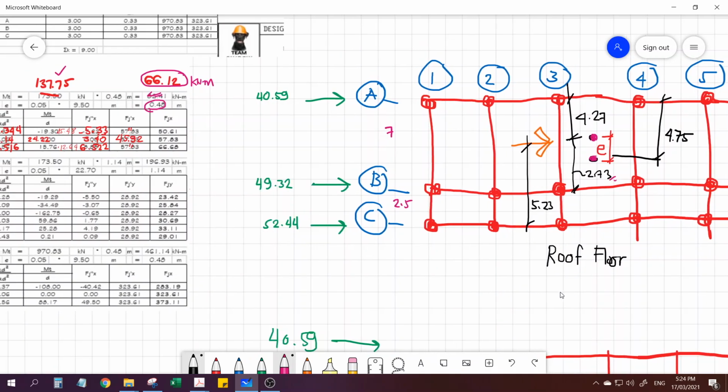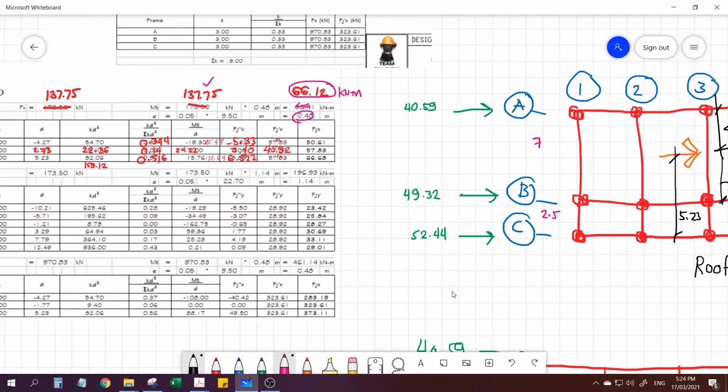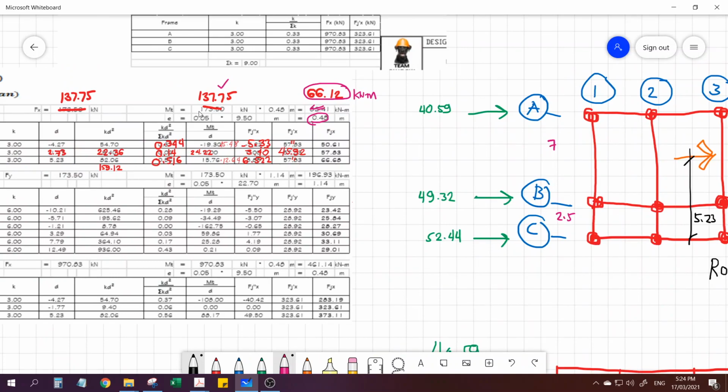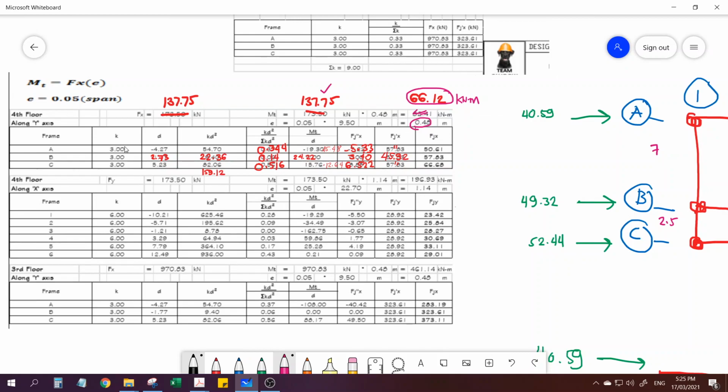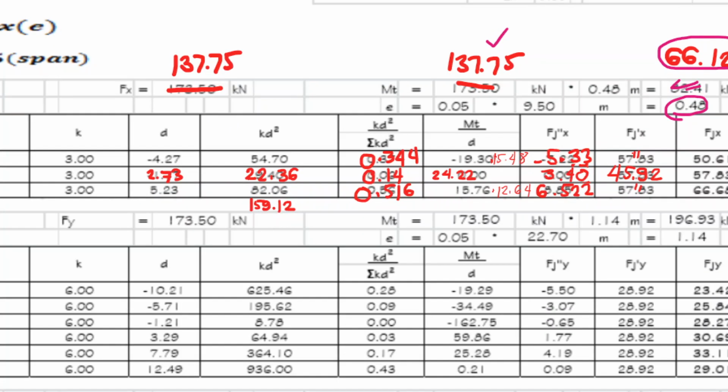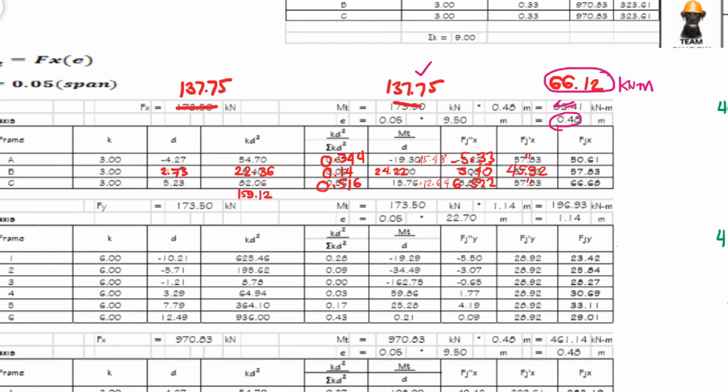Next is the long table. K, you already know how we get that. Plug in the distances.